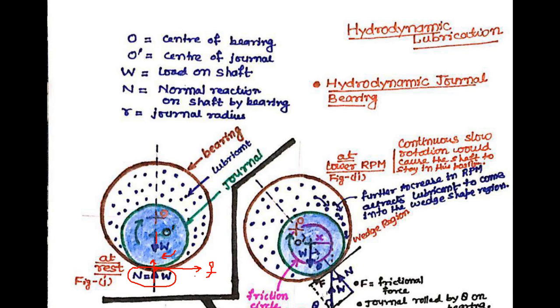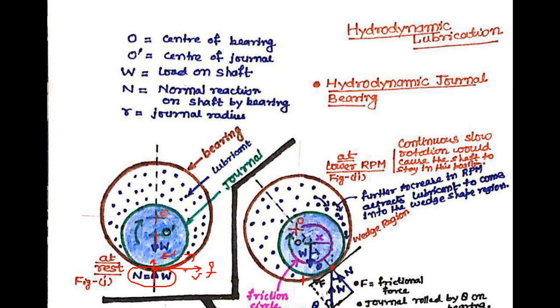Due to this friction force acting on the journal, it starts to roll on the bearing in that direction. Suppose it comes at that point. This is the point after roll, and this is the point at rest.